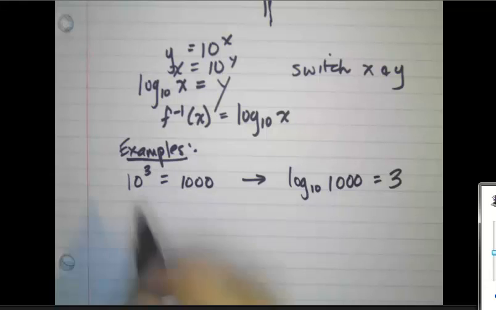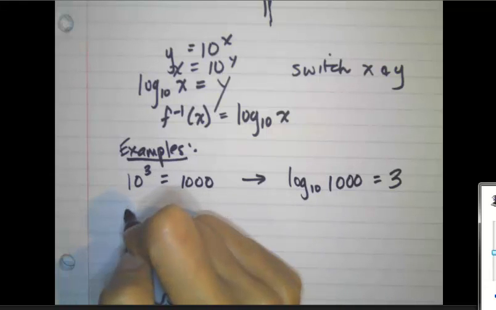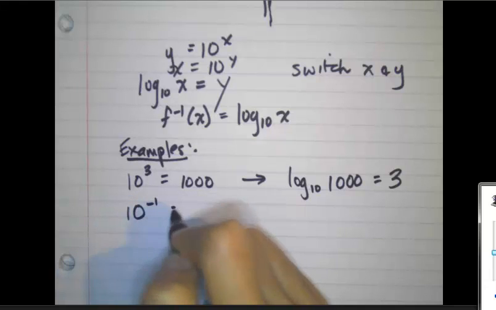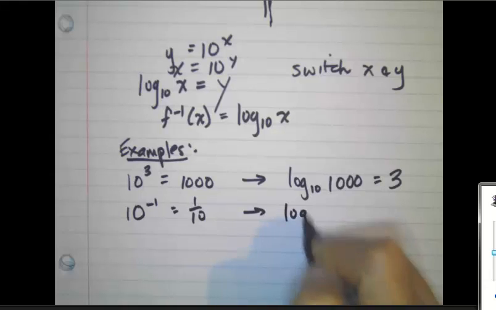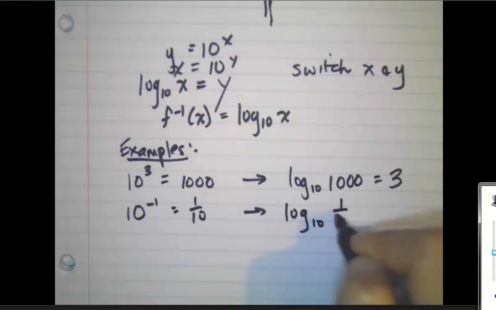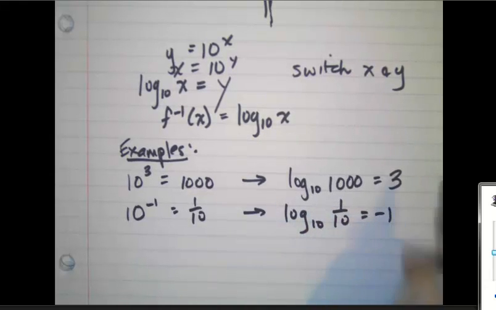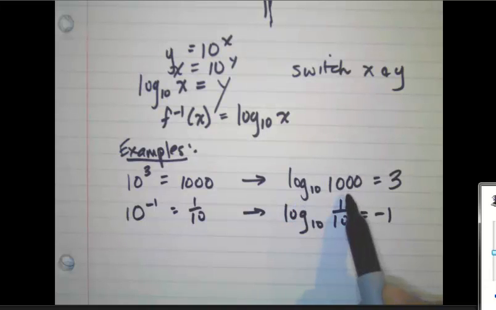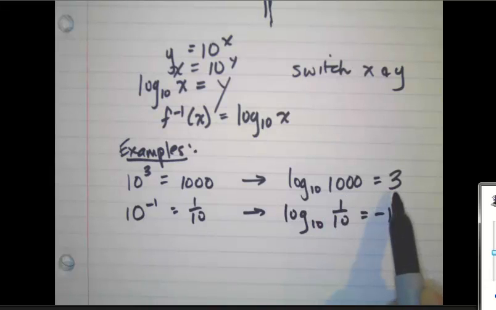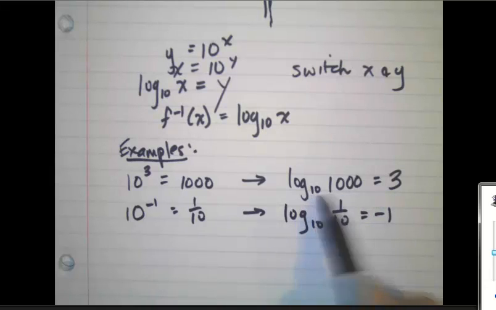For example, 10 to the -1 equals 1/10, and what that means is log base 10 of 1/10 is equal to -1. So when you're taking the logarithm of a number, you want to figure out what the exponent is when the base is 10 in order to get this number right here.